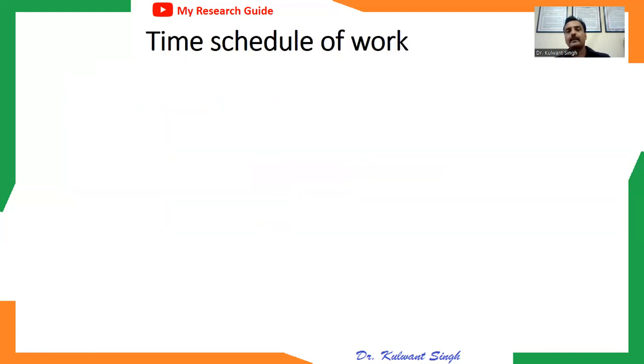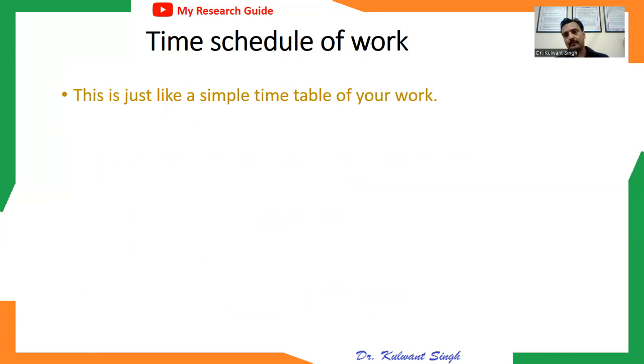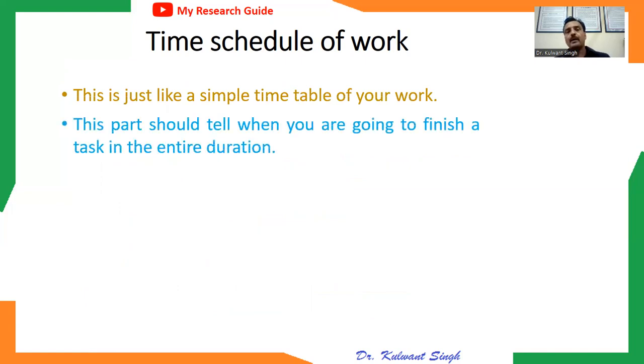Then the next phase is the time schedule of the work. It is also an essential part of the synopsis. This is just like a sample timetable of your work. This part should tell when you are going to start and finish the research work in the entire duration, from the beginning of your research to the completion of the research.